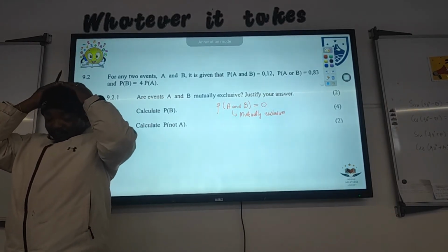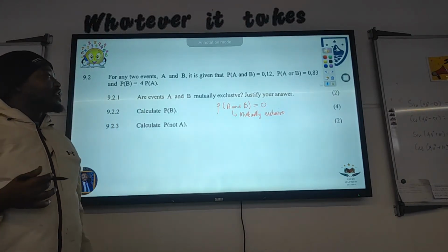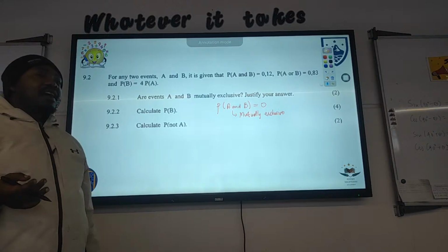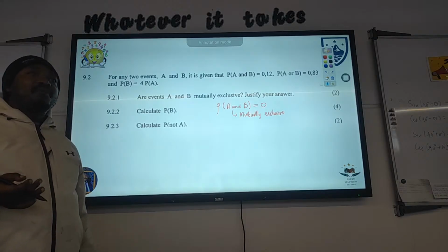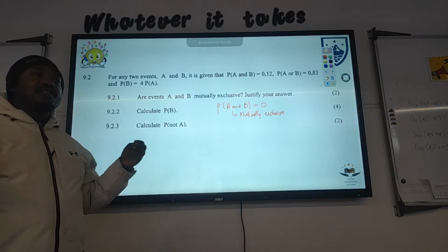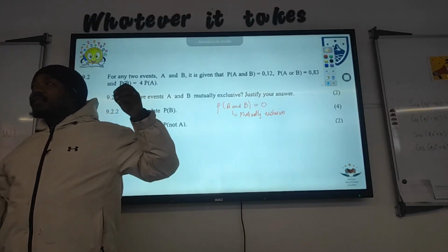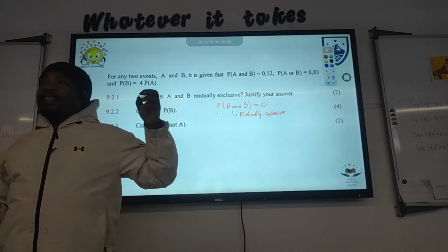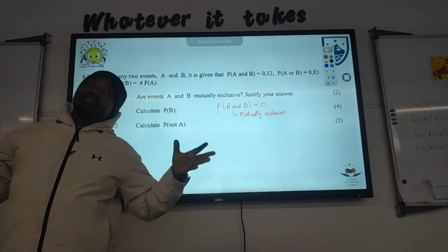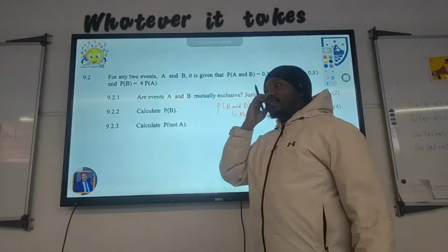I don't know which example to use because in most instances I end up offending people when I use people to say there are two events that are mutually exclusive. You cannot be a boy and a girl at the same time. But things have changed, so I've stopped using that example.